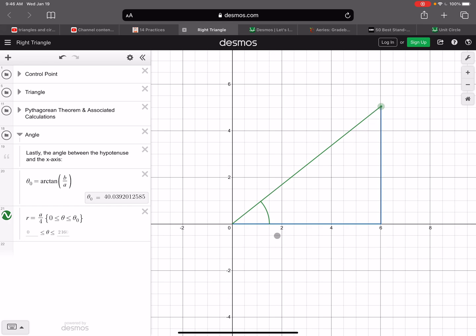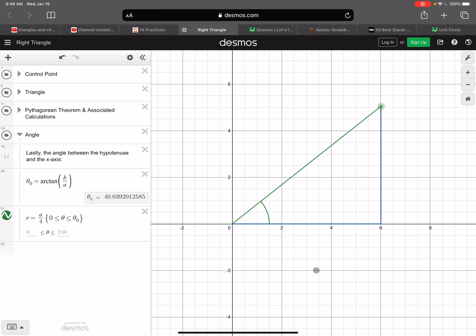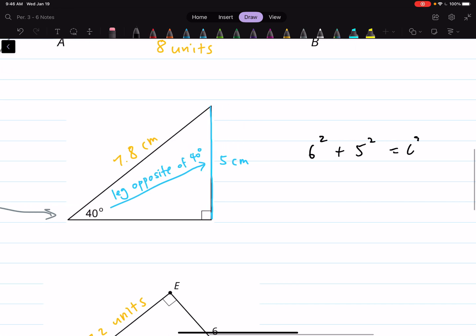How do I get 7.8? So what we can do is we can get this length right here. This length is about 6. So this is 6 squared plus 5 squared is equal to c squared. So 6 squared is 36 plus 5 squared is 25 is equal to c squared.